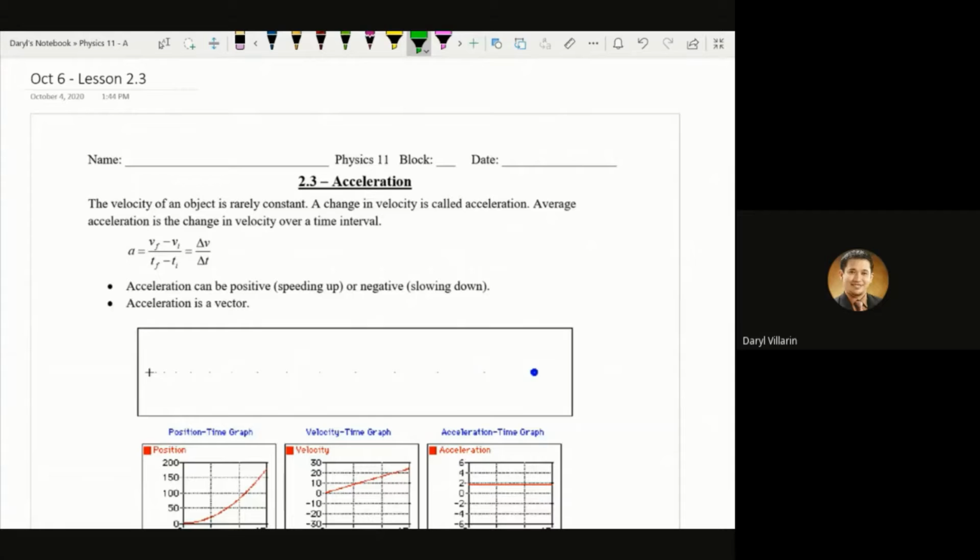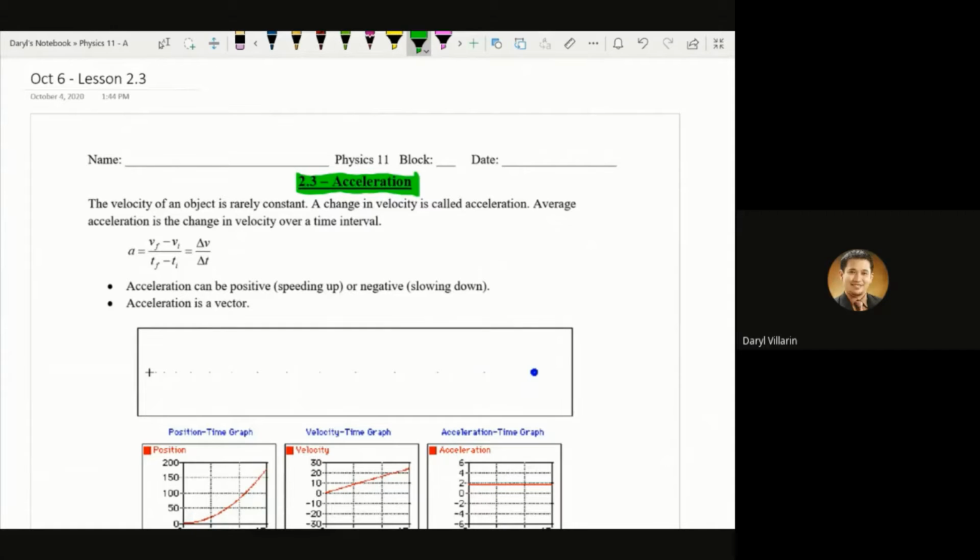And this time, there are two significances that we can find from the graph. One of which is the slope gives us the acceleration, and the area under the curve is just the displacement of the object. So we proceed with the third one. The third one is acceleration.